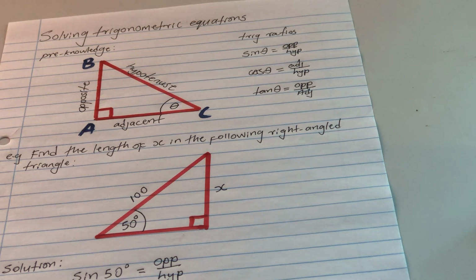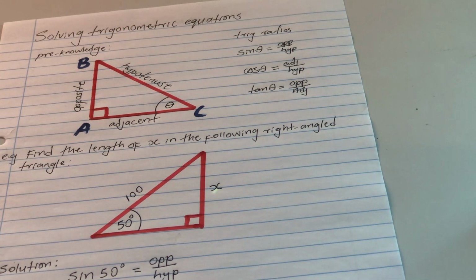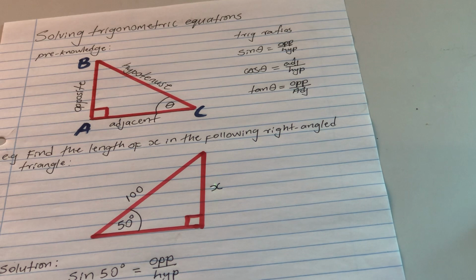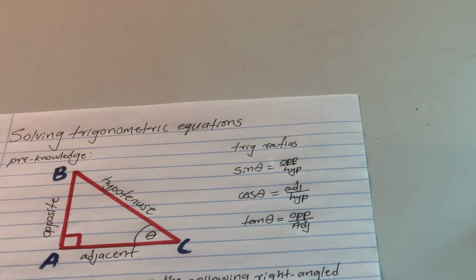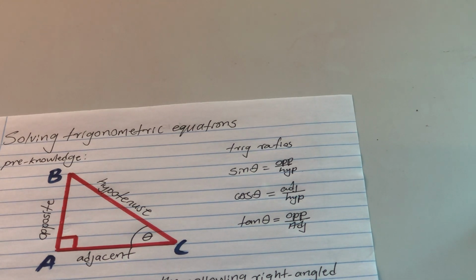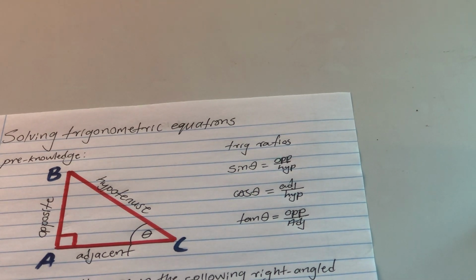So to do this without making things difficult for myself, I must focus on what is given. I'm given x, whose value I don't know and have to find, and I know this other side, which is the hypotenuse. Opposite, hypotenuse. So you choose the trig ratio which contains opposite and the hypotenuse.